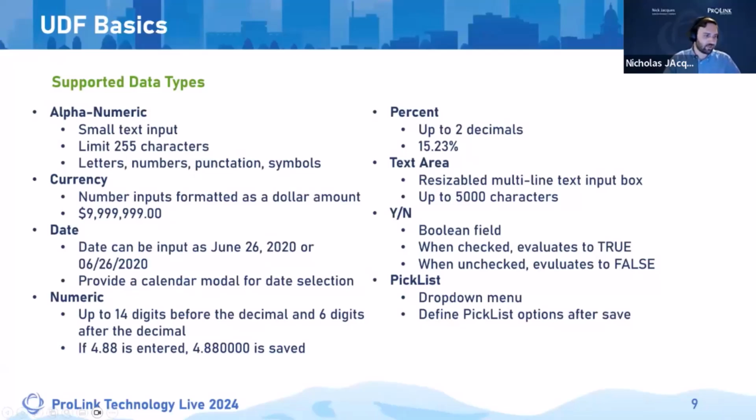And finally, we do support picklist fields. You might also call this just a drop-down menu. We use the term picklist a lot here at ProLink, but it's the same thing. For that one, you can create a picklist field and then also define the options within that picklist. And you do that after saving the initial picklist field.